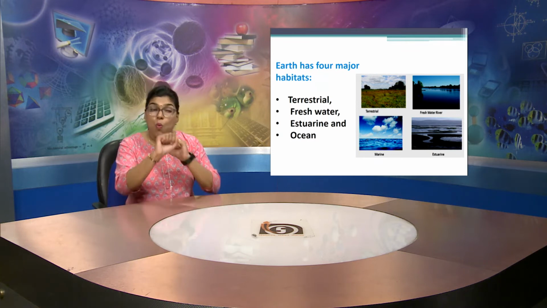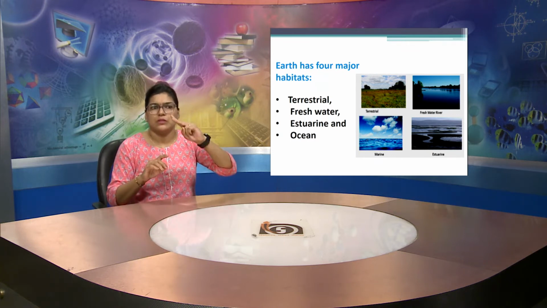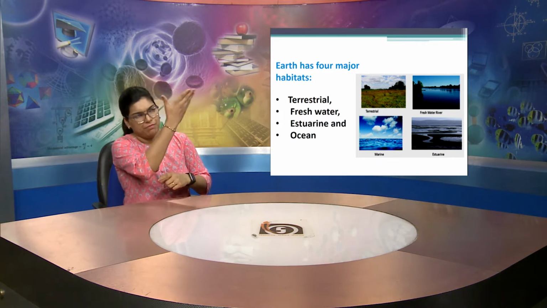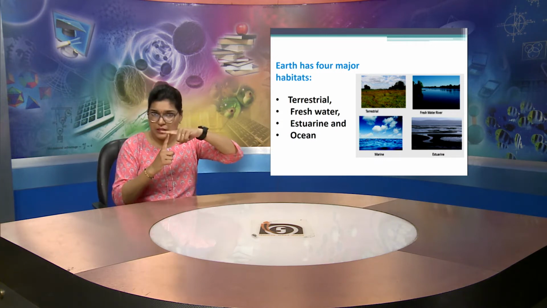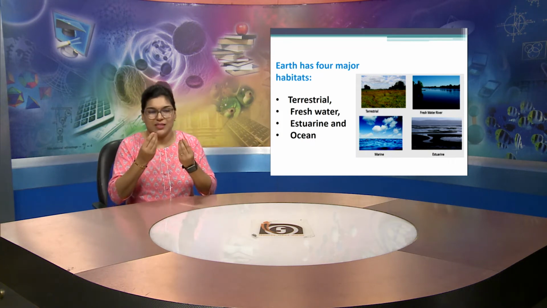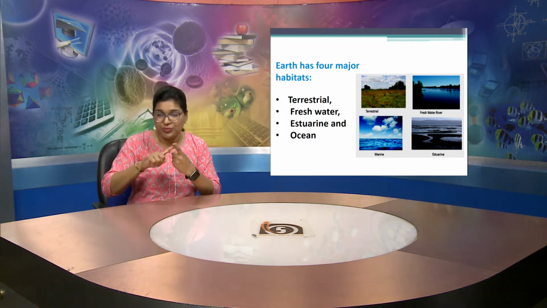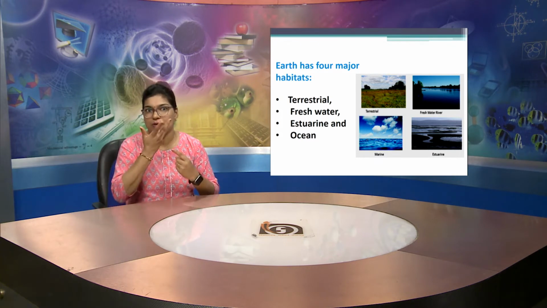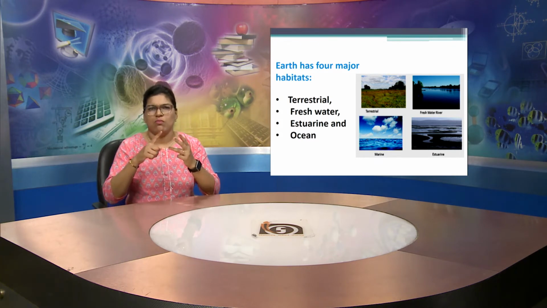Now here Earth has 4 major habitats. All those habitats you can see on the screen as well. The first is terrestrial, the second is fresh water, the third is estuarine, and fourth one is ocean.